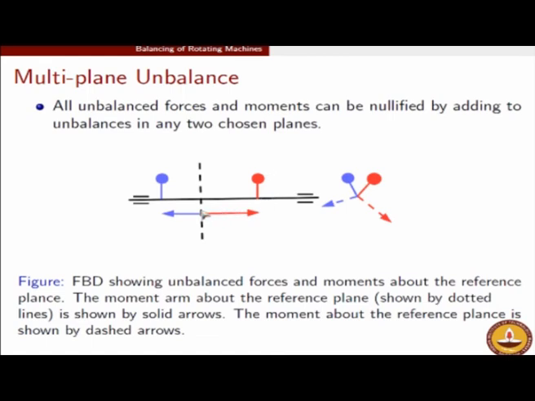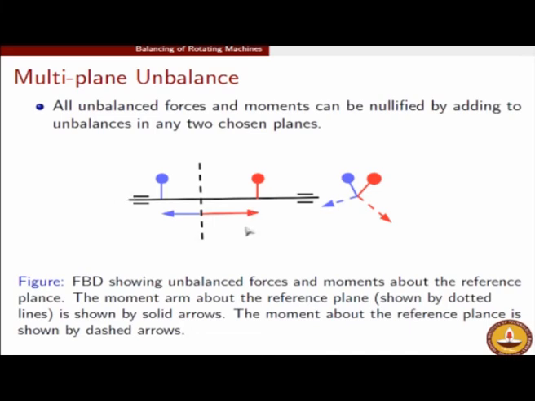It will take a while for you to visualize that this r cross F will be along this direction on the left side view, whereas if this is the unbalanced force and the position vector from the reference plane is denoted by this blue arrow, this r cross F will lead you to an unbalanced moment which is now pointing in this fashion, again in the side view of it.